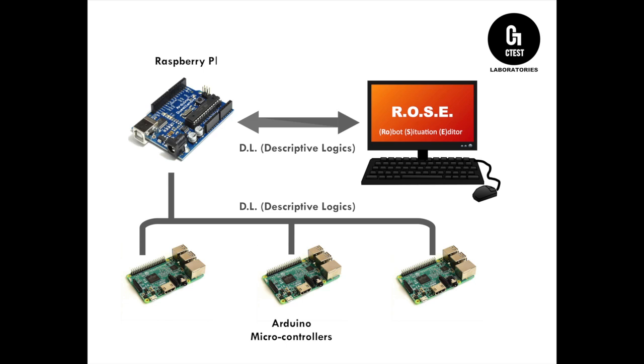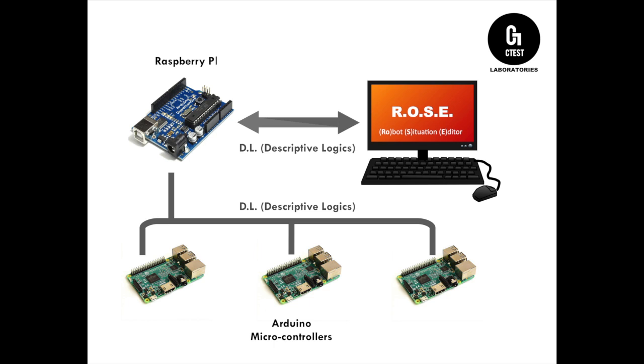ROSE does not talk to the Arduino microcontrollers. It does talk to the Raspberry Pi, and the Raspberry Pi talks to between 3 and 7 Arduino microcontrollers, and so that's a bidirectional communication between the Arduino and the Raspberry Pi, and then the Raspberry Pi talks to the computer.